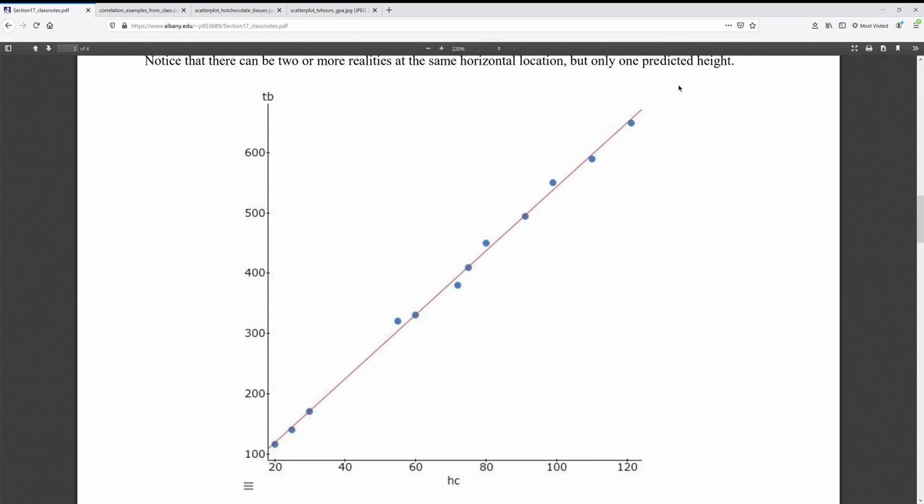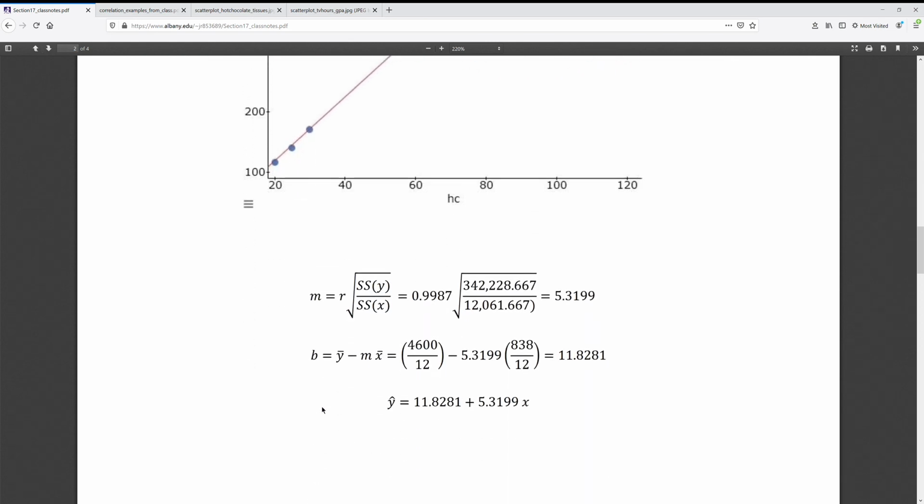If we continue this linear trend to horizontal 150 territory, then what height would it put us at? That's the question we're asking. Extrapolating, continuing the trend, plugging in x bigger than the biggest x or smaller than the smallest x, off to the sides, beyond the horizontal scope here.